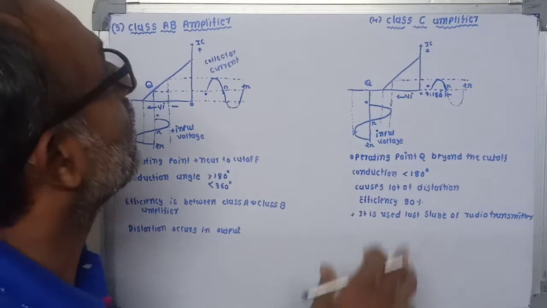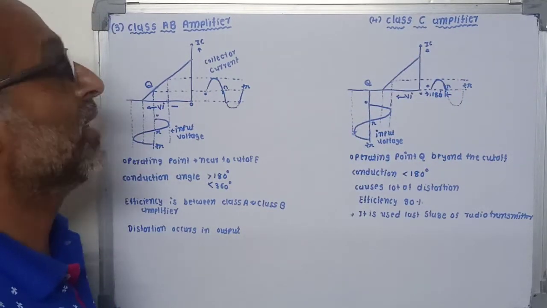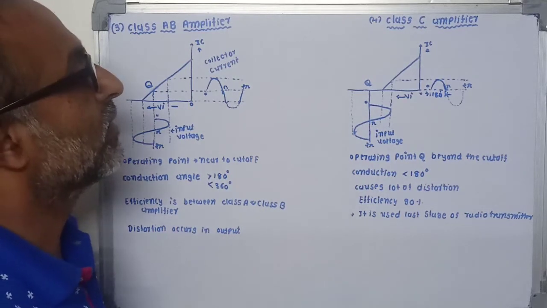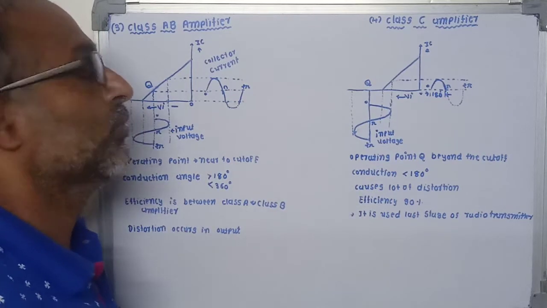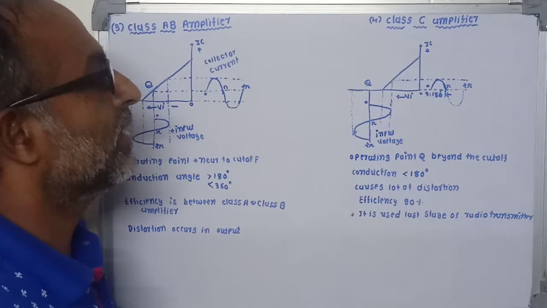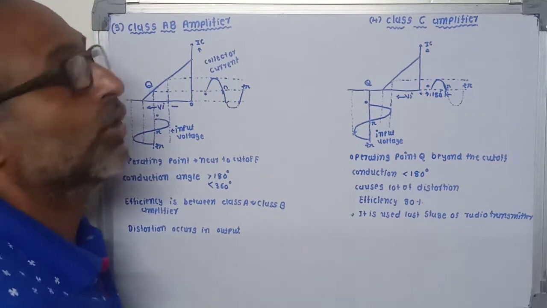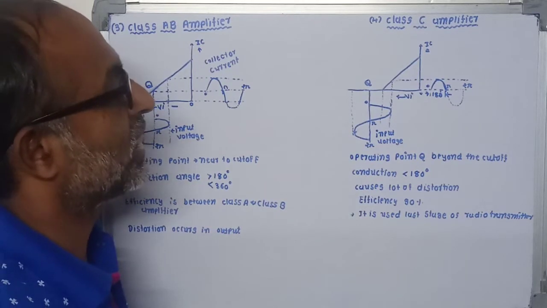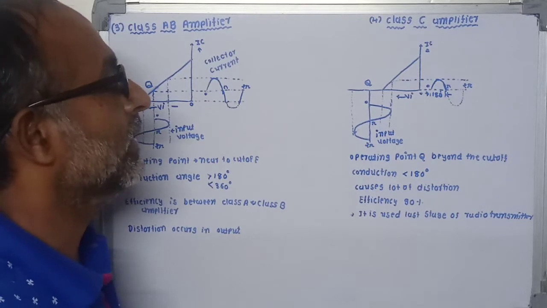Next, the class C type amplifier. In this class C amplifier, the operating point Q of the transistor is beyond the cutoff region. So the conduction period of this class C amplifier is less than 180 degree. You can say that the collector current flows during the positive half cycle, but its duration is less than 180 degree.